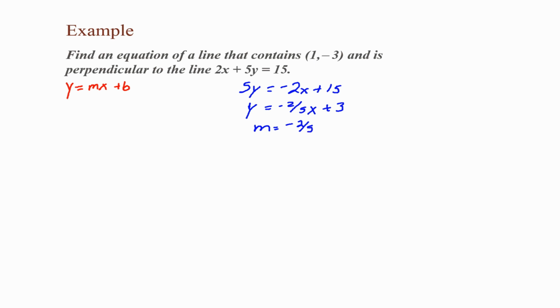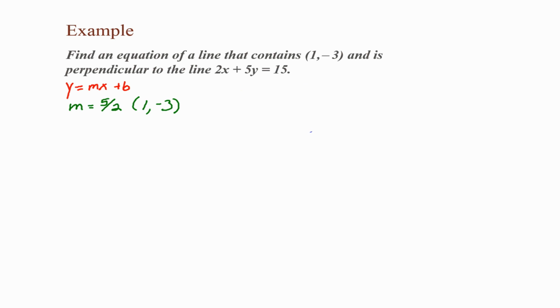So the slope of this line is -2/5. The slope of a line that is perpendicular to this line is going to be the negative reciprocal. So the reciprocal of 2/5 is 5/2. Since it was negative, my perpendicular slope will be positive. So now I can use 5/2 and the point (1, -3) to find the equation of the line that is perpendicular to 2x plus 5y equals 15.